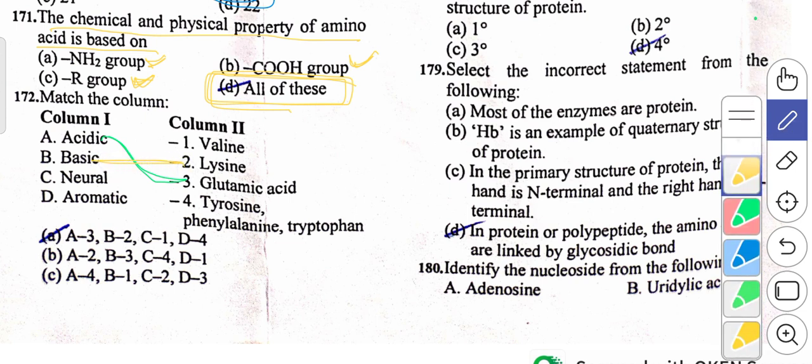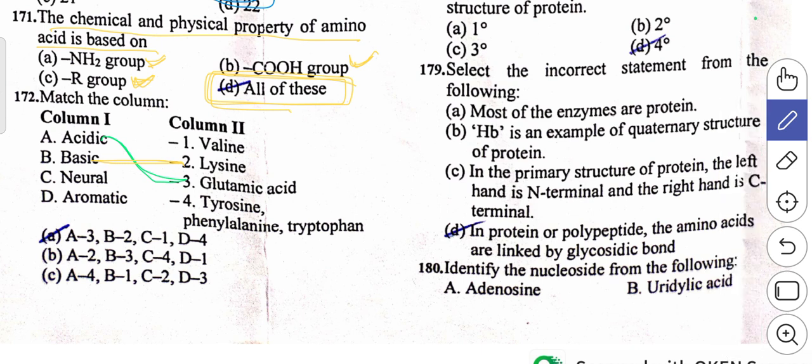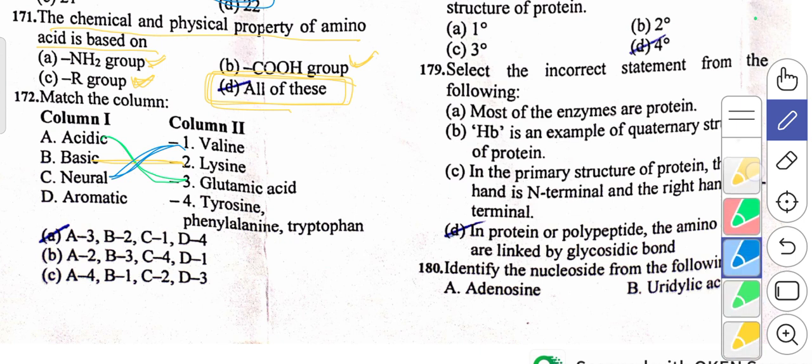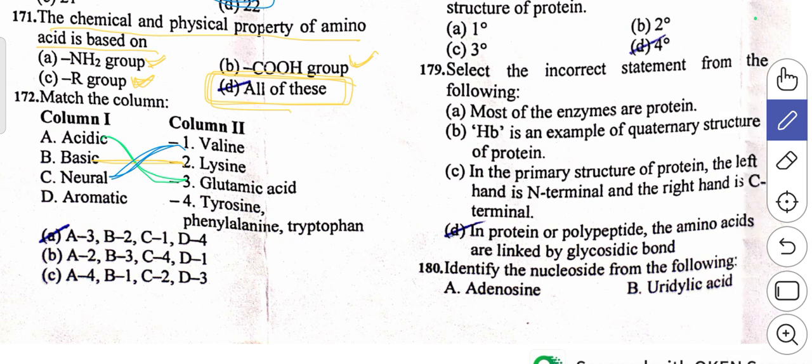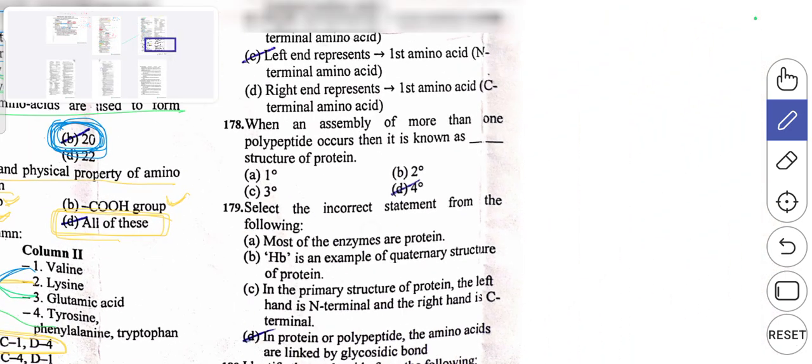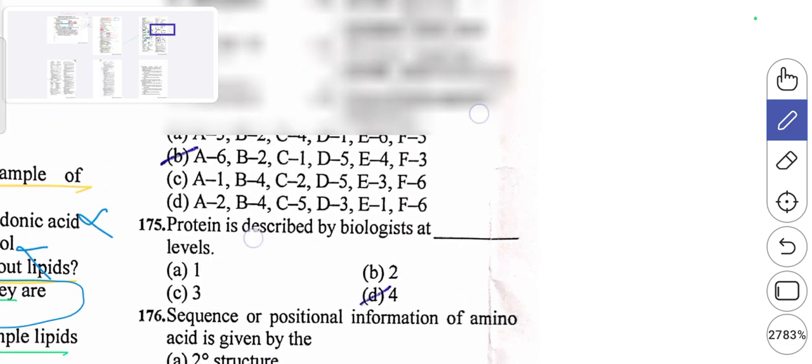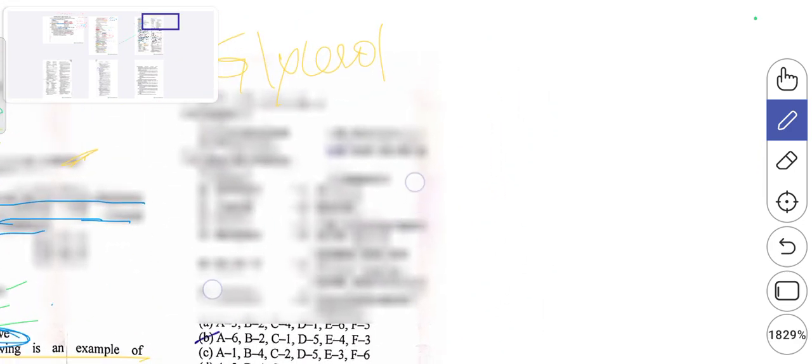Then the neutral amino acid will be your valine. Then aromatic, you have tyrosine, phenylalanine, tryptophan. So the answer for this question will be the first one. You need to remember the examples, then you can easily answer these types of questions.